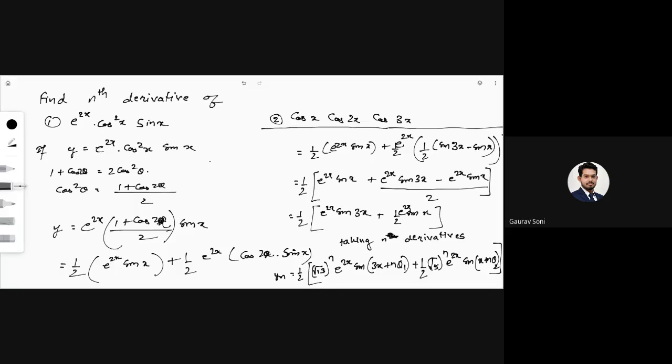So I can give the values of theta 1 and theta 2. Sir, the 1 by 2 is already common, there is no need to take it inside again. Why not? There are two 1 by 2's there.